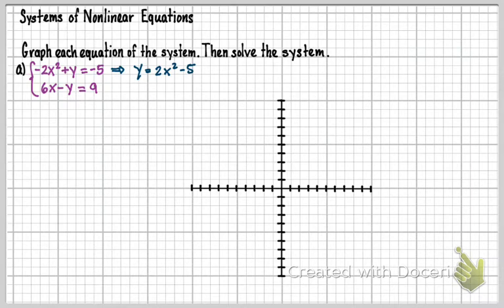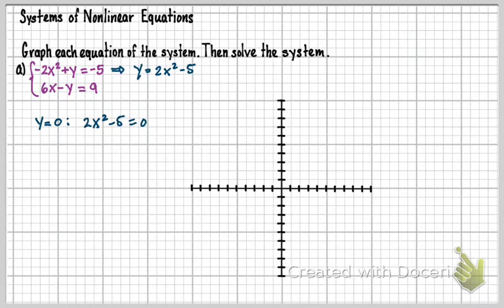And then what we're going to do here is just think about what's going on with the graph of this. So this is saying, hey, I'm shifting down 5 and doing a vertical stretch of 2. So we're going to take into account those two things. And one more thing here, let's find the x-intercepts. So to find the x-intercepts, that means my y equals 0. And then that tells me 2x squared minus 5 equals 0, because there's my y there.